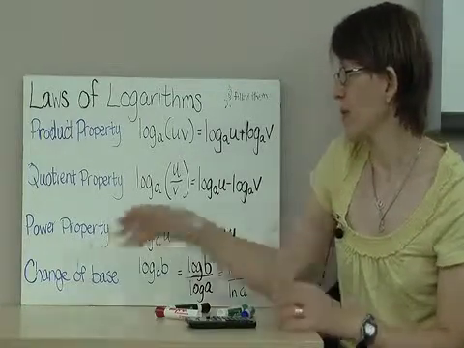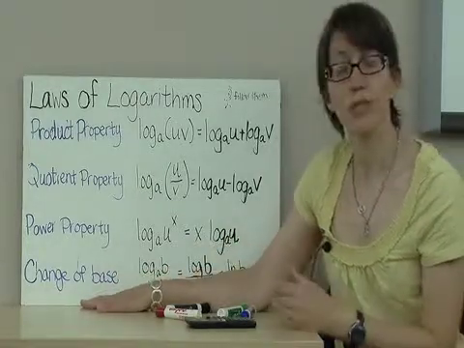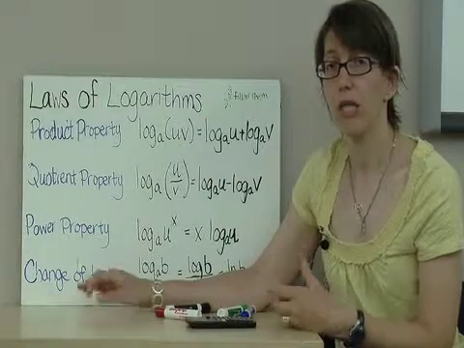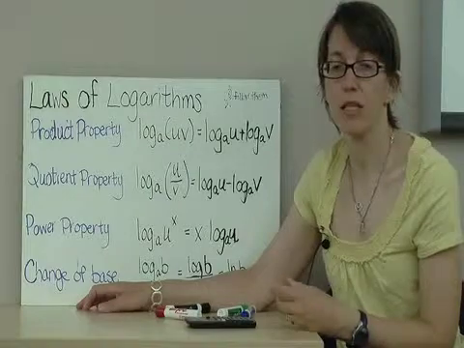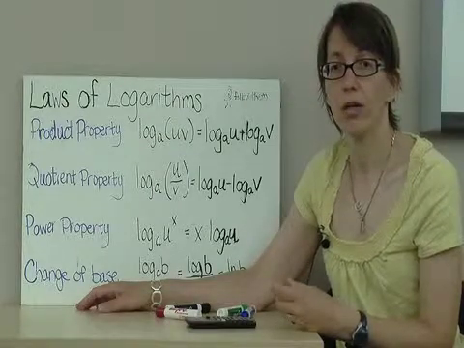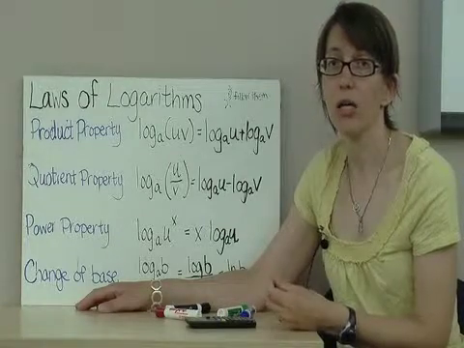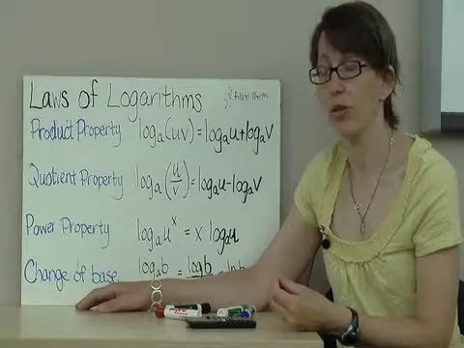And finally, one that I'm sure you'll all love is the change of base property. This is really useful when you have to calculate something like log to the base 3 of 57 or log to the base 4 of 1.275, where the argument is not clearly a power of the base of the logarithm.